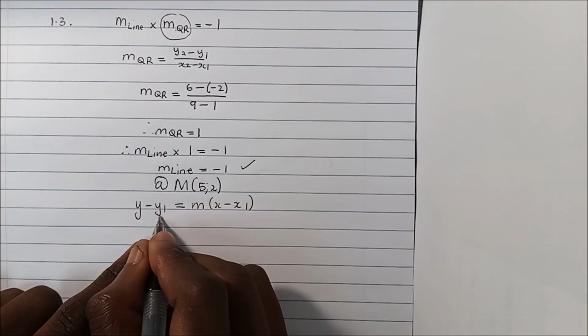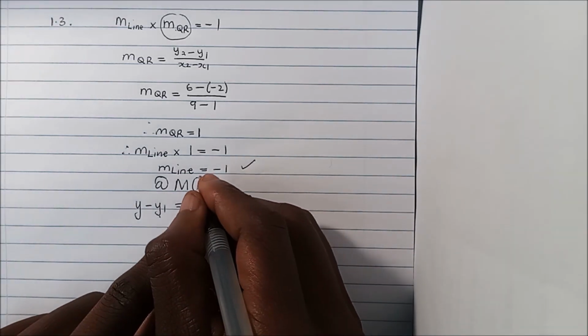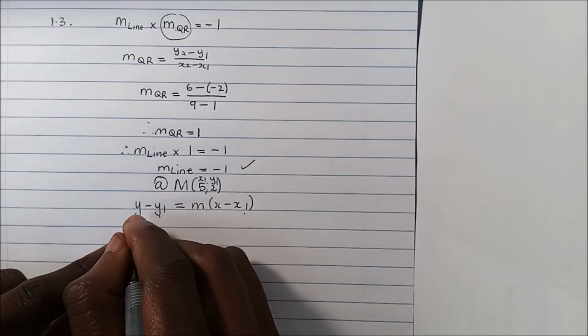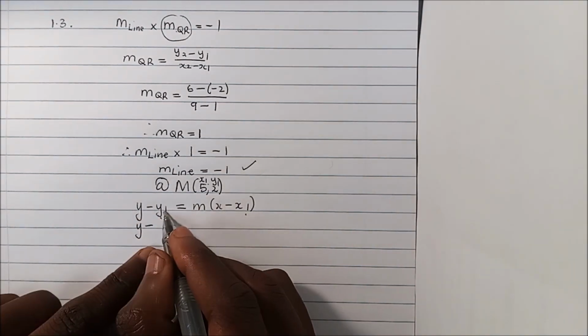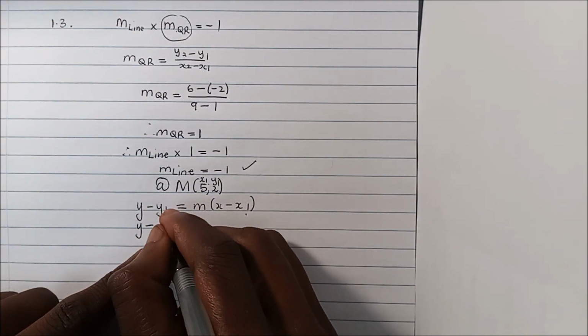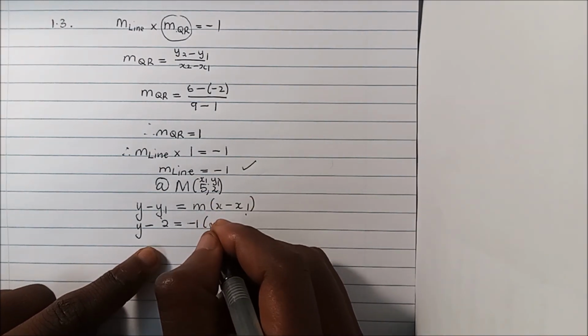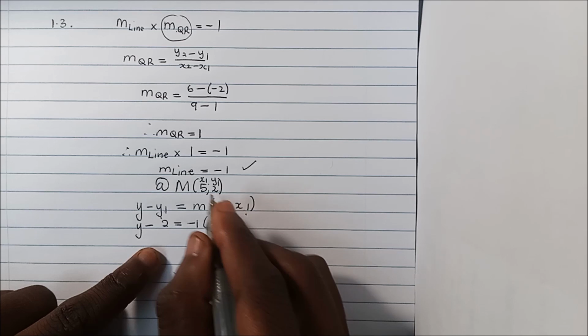Remember, x1 and y1 are the coordinates of the point that we choose. So that's going to be y minus, what is y1? It's 2. And then the gradient, -1, times x minus x1, that's 5.